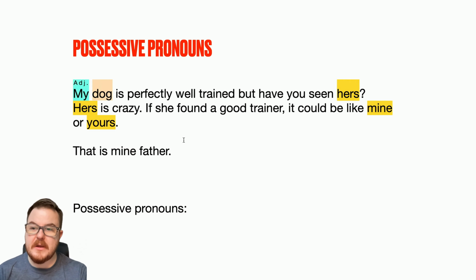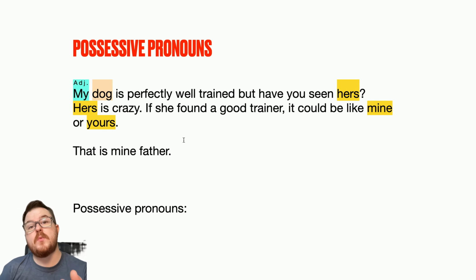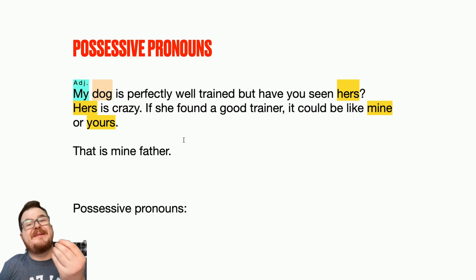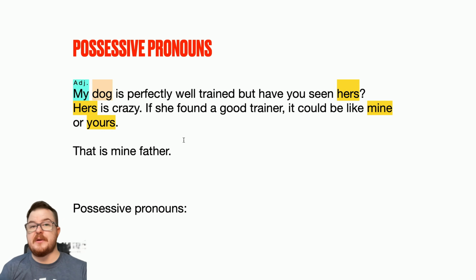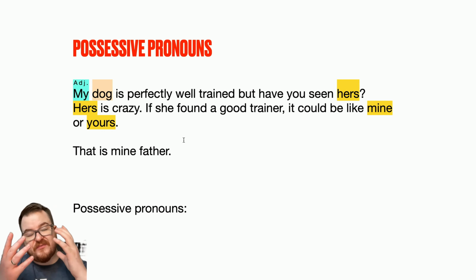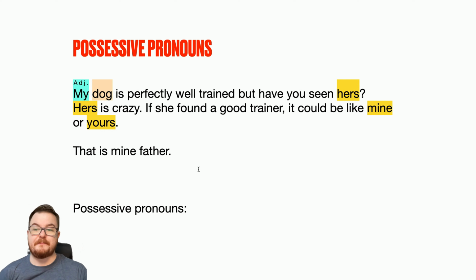Look here. My dog. The word my tells us, it describes the word dog. It describes the relationship, the ownership of that noun. My dog, the dog belongs to me. So the word my is an adjective. It comes in front of a noun.